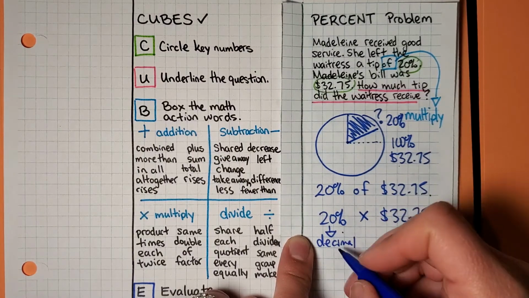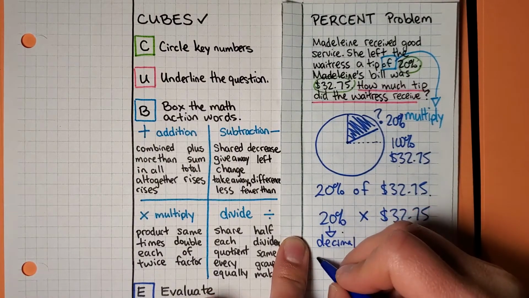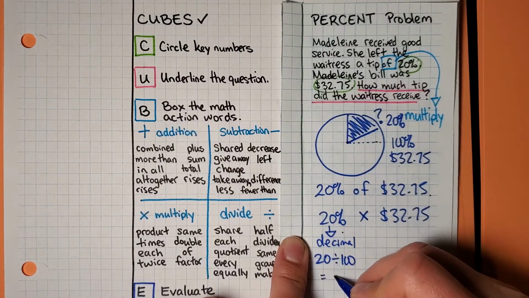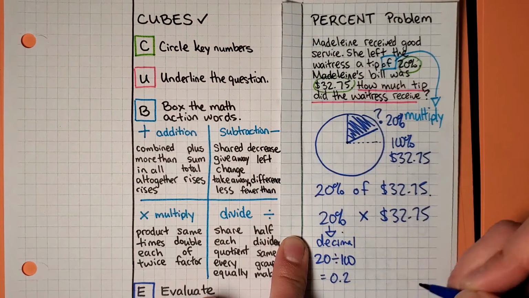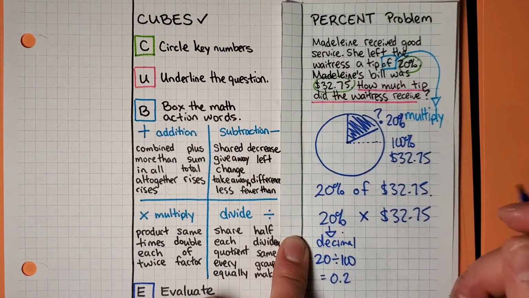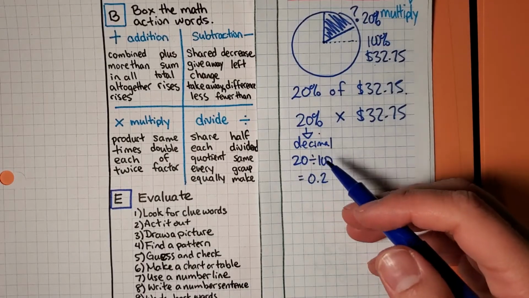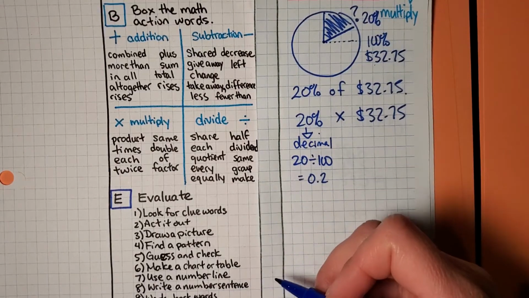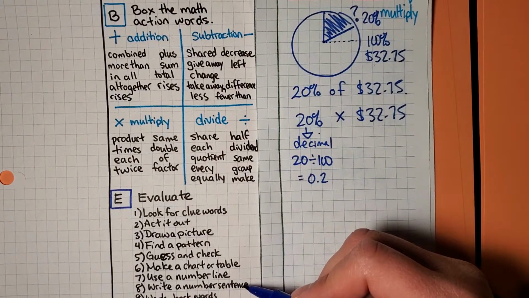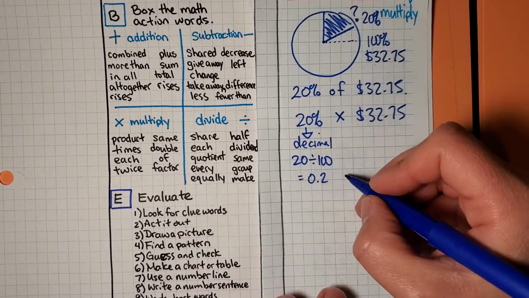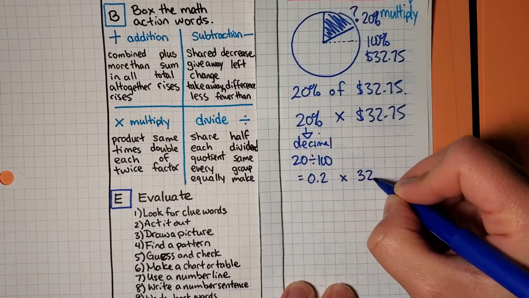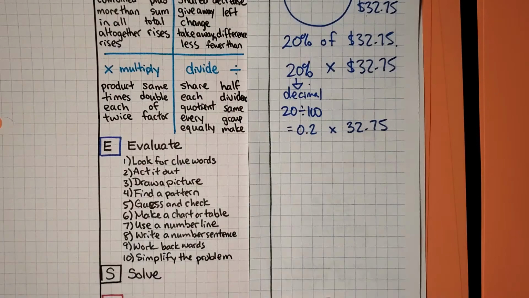So remember the way we do that, 20% means 20 divided by 100, and that's going to equal 0.2. So I've made that into a decimal, and I'm going to make it into a number sentence over here as part of the evaluate. Write a number sentence. I'm going to do 0.2 times 32.75.